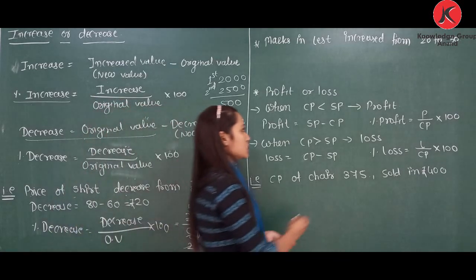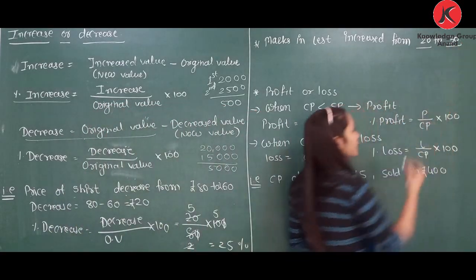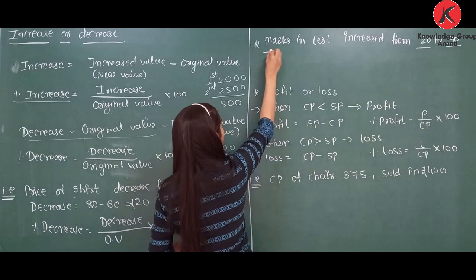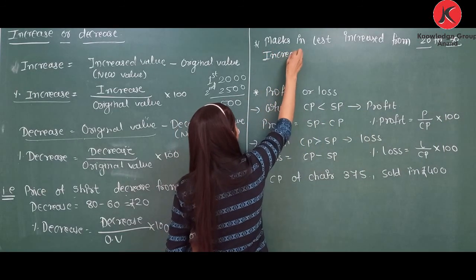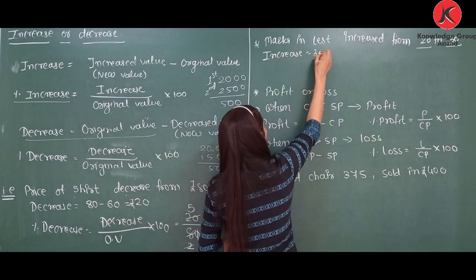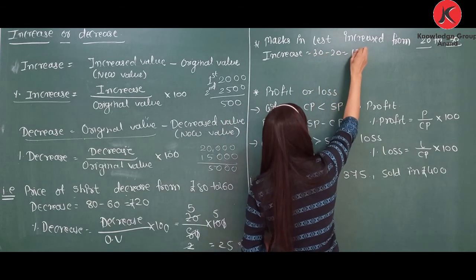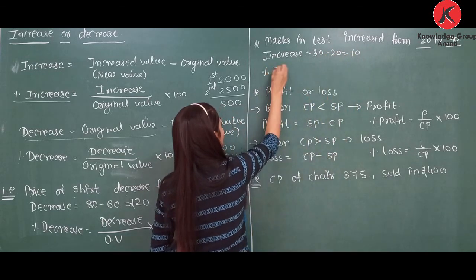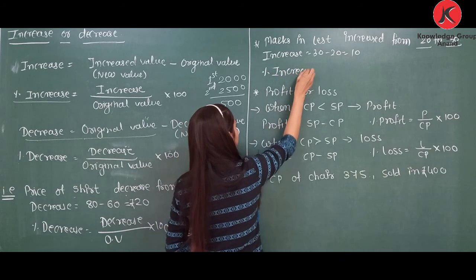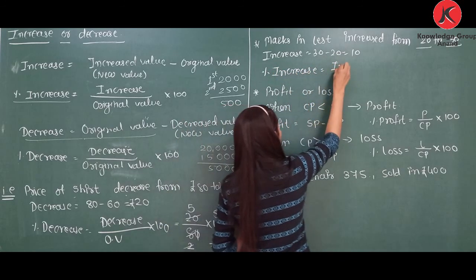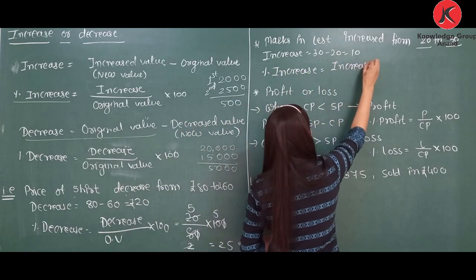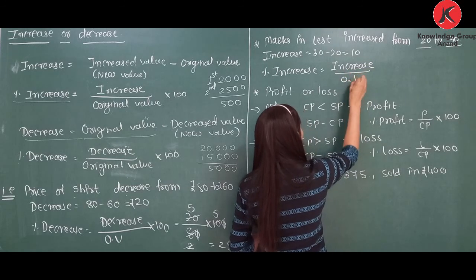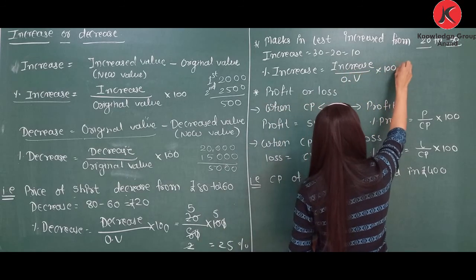Next, marks in a test increase from 20 to 30. Now it is an increase from 20 to 30. So how much increase? 30 minus 20, that is 10. Now percentage increase is equal to increase divided by original value multiplied by 100.